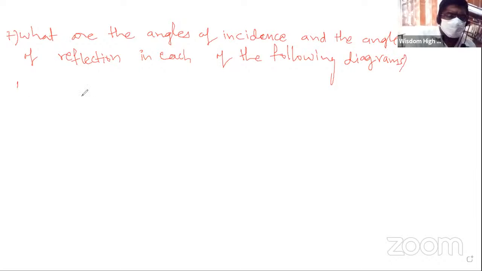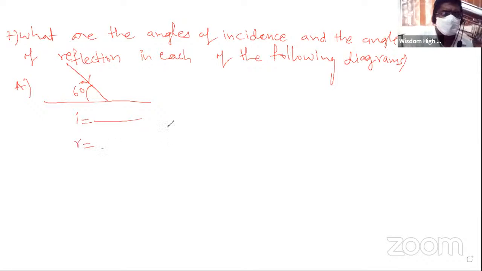Children, listen to me. See, in the diagram given, 60 degrees is given. What is being asked here? I equal to how much, R equal to how much? Very simple.